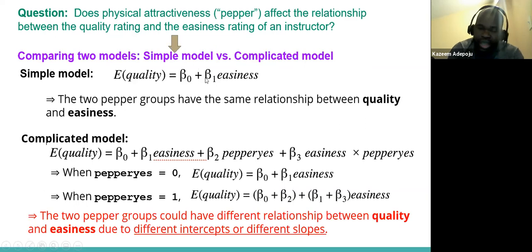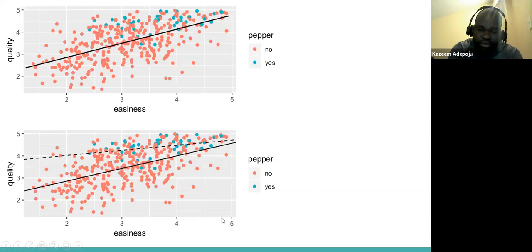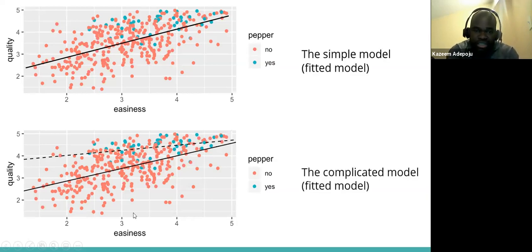Now what about the one for the complicated model? This is the complicated one. That's why you got 2 lines. This is the simple one.